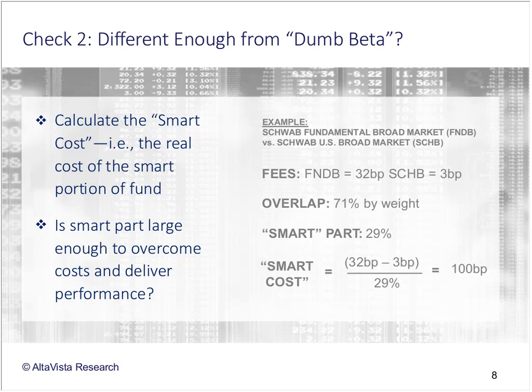But again, since the unique portion of the fund is just 29%, we divide that additional cost by the unique portion to yield the smart cost, which is 100 basis points. So another way to think about this is, if the smart beta fund were totally unique, that is, if it had zero overlap with a benchmark ETF, then it would need to generate 100 basis points, or 1%, of outperformance each year to compensate for its higher cost before it would deliver higher returns to shareholders.